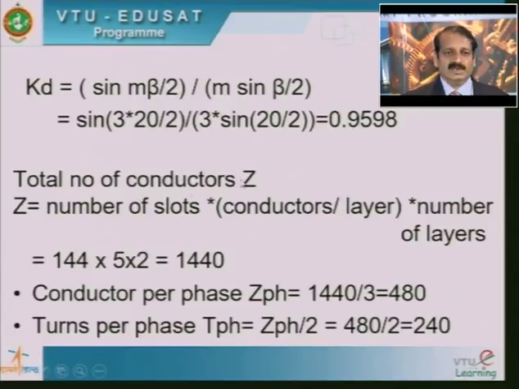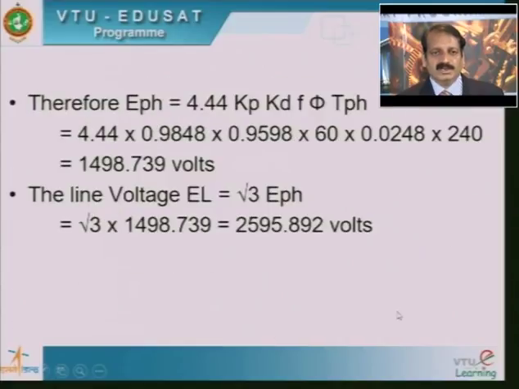So, total number of conductors Z is given as 1440. So, that is number of slots 144 into number of conductors per layer 5 into number of layers 2. Conductors per phase is calculated as 1440 divided by 3, which is equal to 480, and turns per phase is calculated as 480 by 2, which is equal to 240.